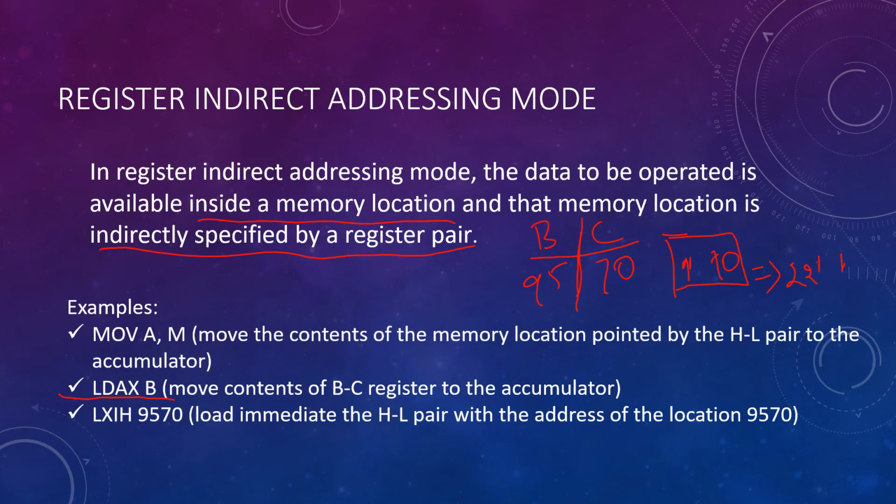So by this instruction, the 22H will be transferred to the accumulator A. In this addressing mode, data is transferred from the memory location pointed to by the register pair B and C. This is register indirect addressing mode.